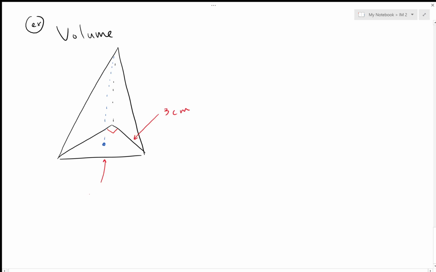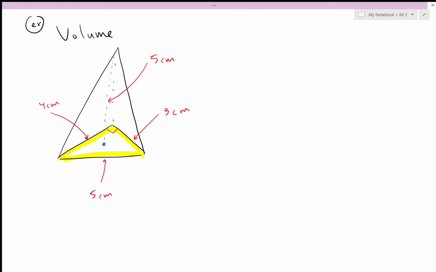This side is 5 centimeters. That one's 4. And that blue one right there, another 5. Okay, so we see the base. It's a square-based pyramid. Sorry, not square, a triangle-based pyramid.